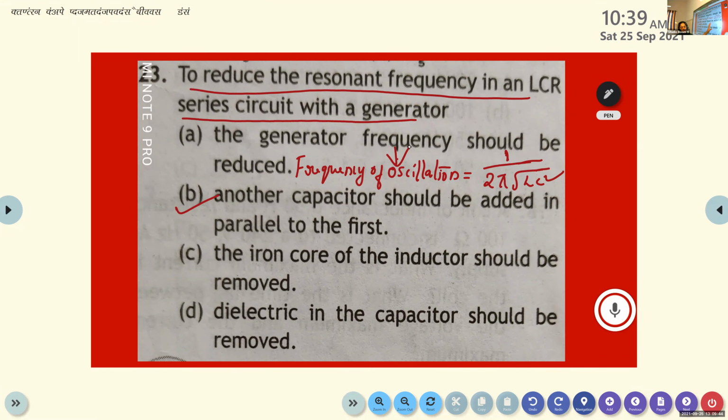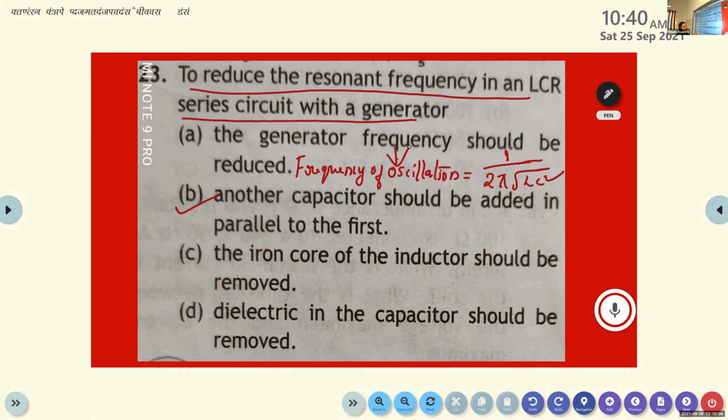So from this equation, it is clear that the value of inductance and the capacitance are inversely proportional to the frequency of oscillation. Both the inductance and capacitance are inversely proportional to frequency. Inversely proportional means if one quantity increases, the other quantity automatically decreases.